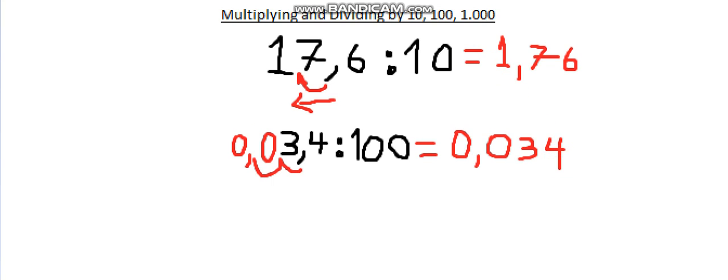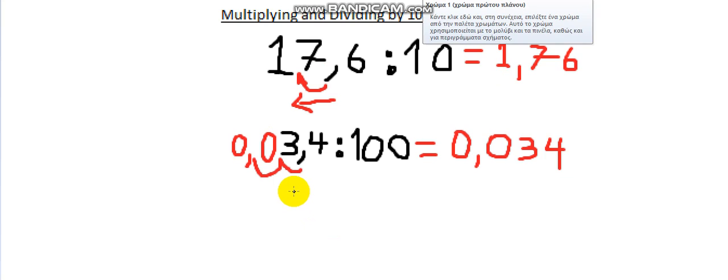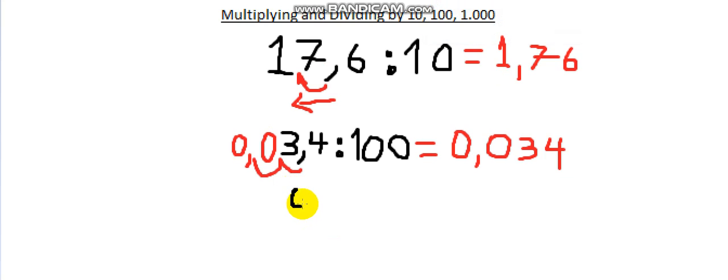Lastly, let's say I'm dividing a natural number like 9 with one of these numbers. Let's try 1,000 this time. Let's say I have 9 divided by 1,000 and see what's going to happen. Let me move this 9 a little bit to the left so that I have some more room.